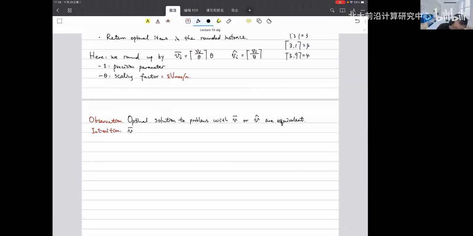It's just that the bar V here is close to V. Basically, we are rounding here, but using this rounding, this value should not be so far from the original value V. So the intuition is that the bar V should be close to V, so the optimal solution using V bar here should be nearly optimal.